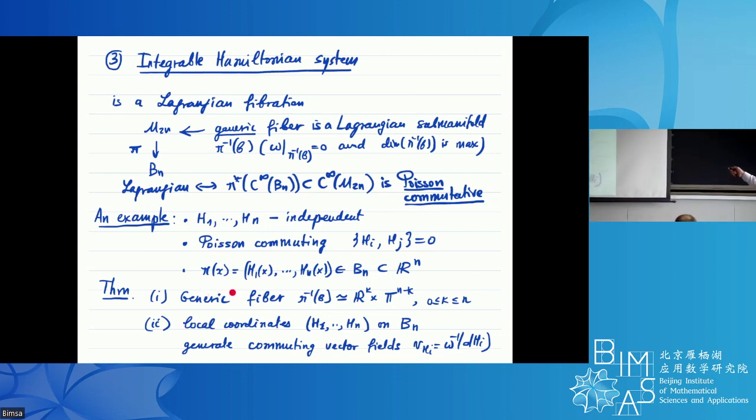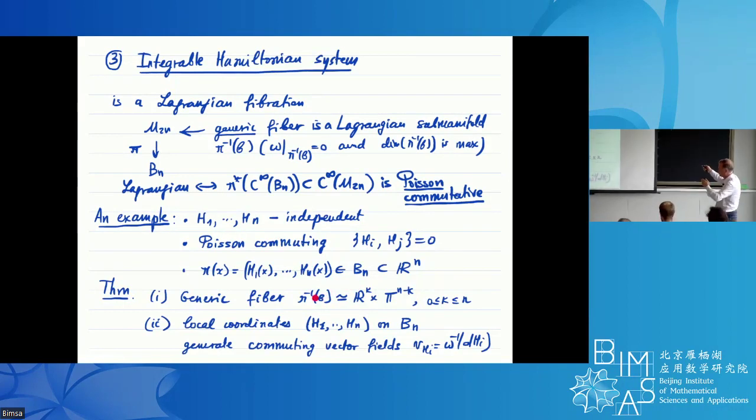The base is a region in R^n, which is the region of possible values of these functions, and the projection just maps a point x to the values of every function h_i. That's very typical. And of course, globally, you can think of h_1, ..., h_n as local coordinates on the base.